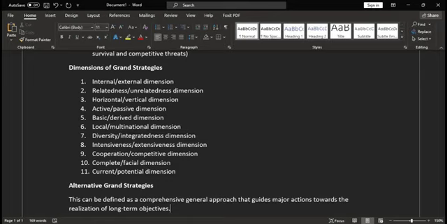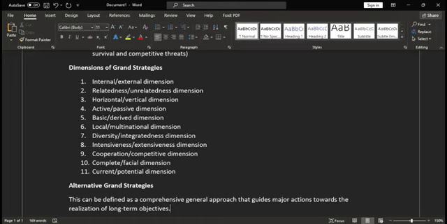As highlighted, the grand strategic alternatives can be classified into the stability strategies, the expansion or growth strategies, competitive strategies, the international business entry strategies, and the contraction.